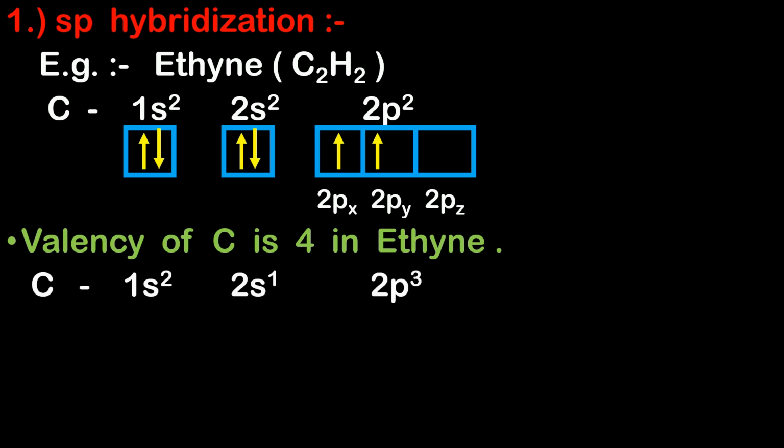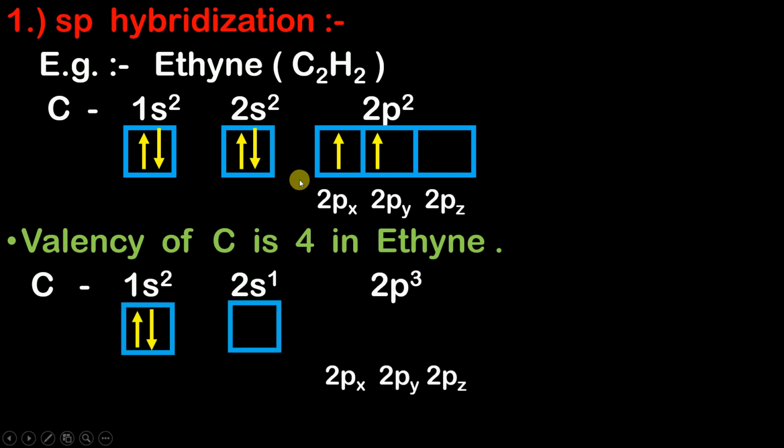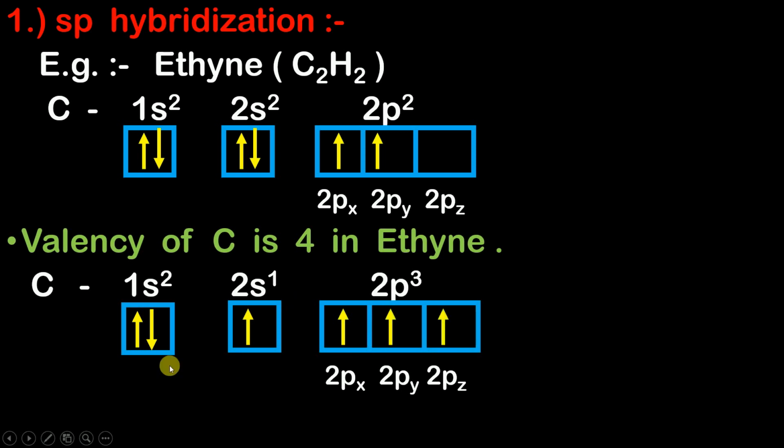So what happens is that one electron from this 2s orbital is going to get shifted by gaining energy. It is going to get shifted into 2pz, as you can see over here. See, this 1s2 remains as it is, and 2s2 has now changed to 2s1 because it has only one electron left, and that second electron has now jumped to the 2pz orbital.